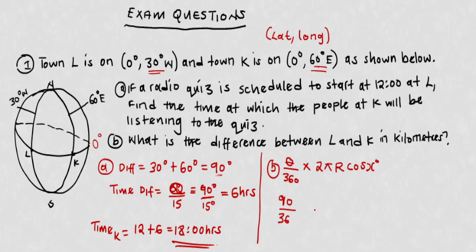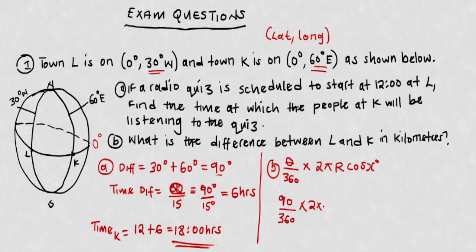The pi that you should always use here is 22 over 7 because we're dealing with a paper 1 and you're not allowed to use a calculator.